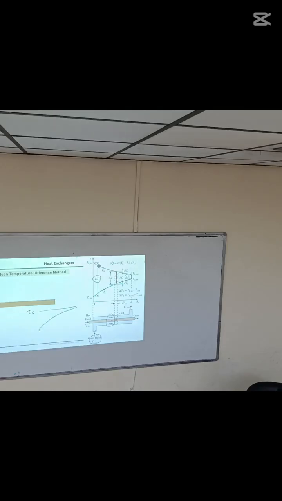But here you see the temperature of both fluids. If it is not phase change, then the temperature of both fluids is changing. So here we will derive the same equation again, but now in a different situation. Now we are counting the temperature change of both fluids, both sides. Okay.